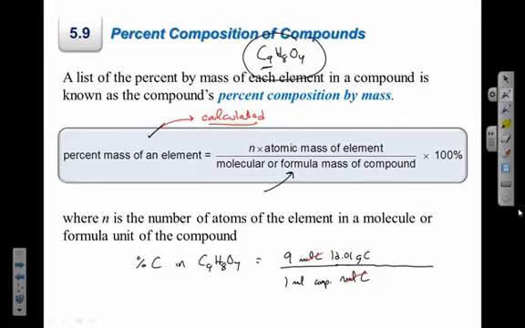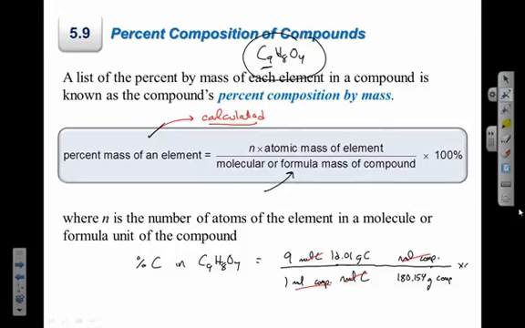So that's 9 carbons plus 8 hydrogens plus 4 oxygens. So that's 180.154 grams of the compound per mole of the compound. So this cancels.